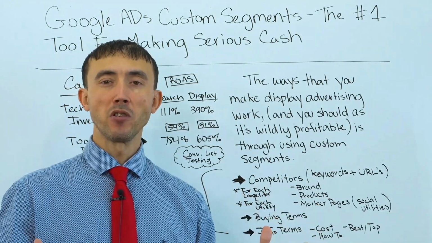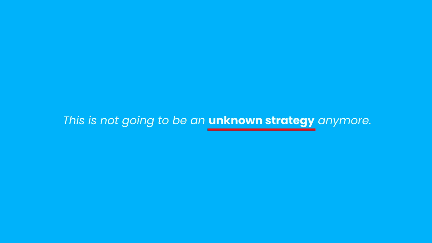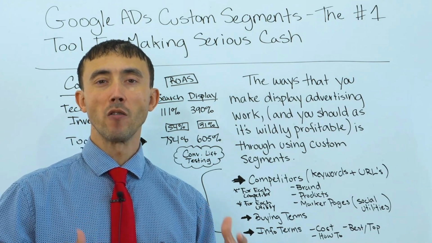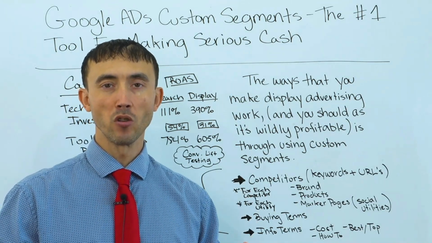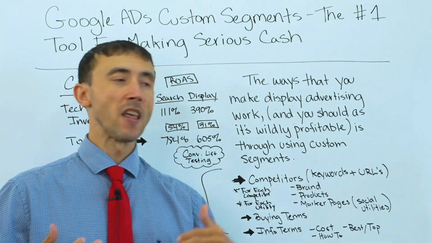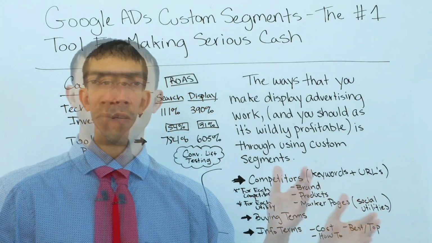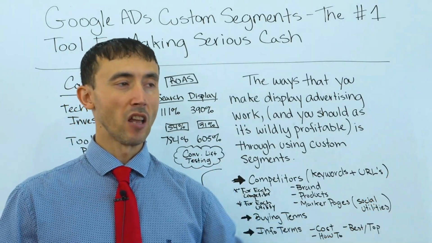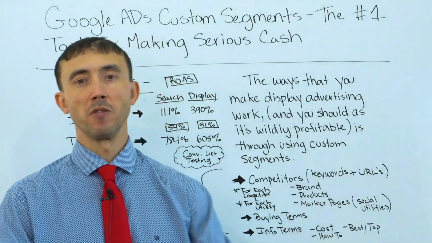Because I promise you, in 5 to 10 years, this is not going to be an unknown strategy anymore. People are catching on already about how effective this truly is. It's not just me saying it and doing it. People don't do stuff that they don't see other people saying or talking about, because that's how most people act. They react, they don't proactively do anything.